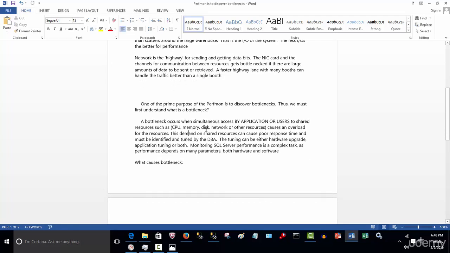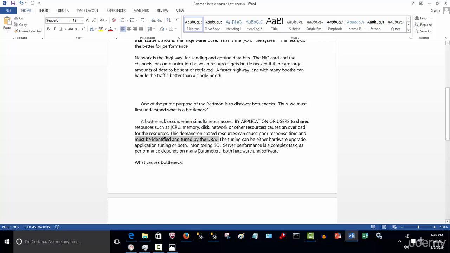A bottleneck occurs when simultaneous access by applications or users to shared resources, such as the ones I just mentioned, causes an overload of the resources. And this is what I've been illustrating. The demand on the shared resources can cause poor performance and must be identified and tuned.